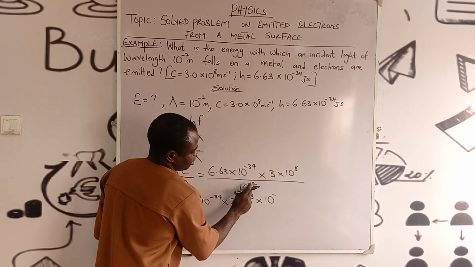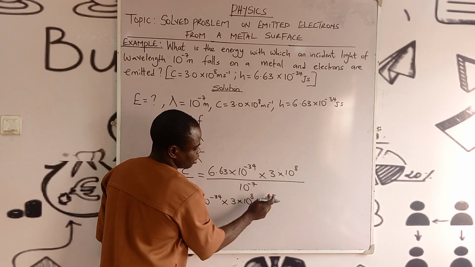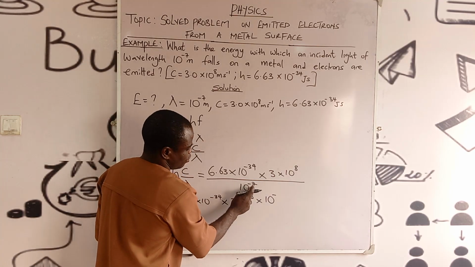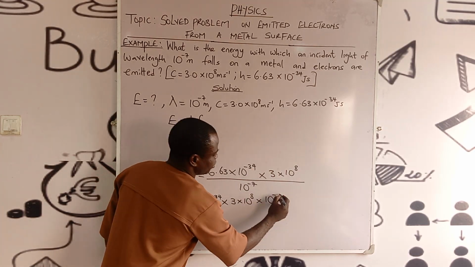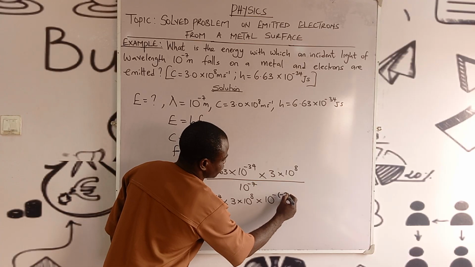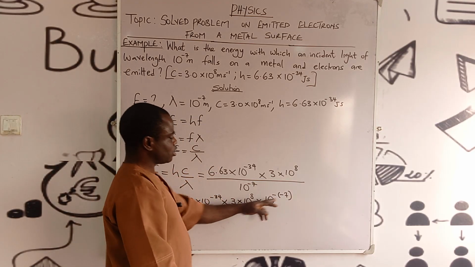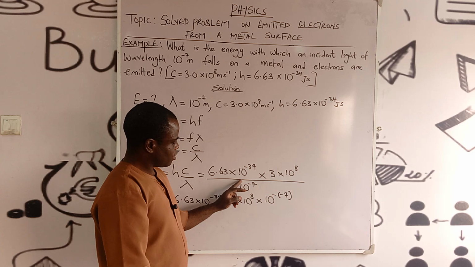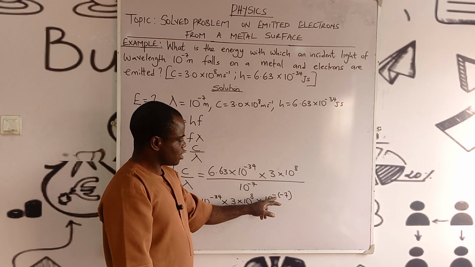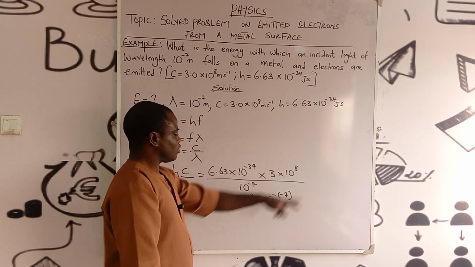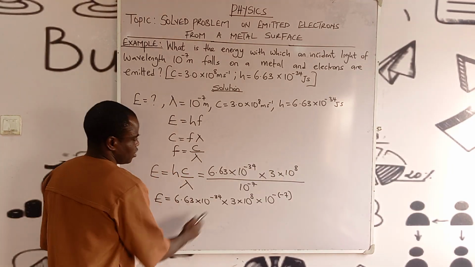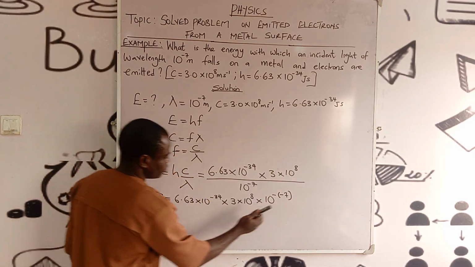In indices, when you take the 10 raised to power minus 7 up, it turns to positive.